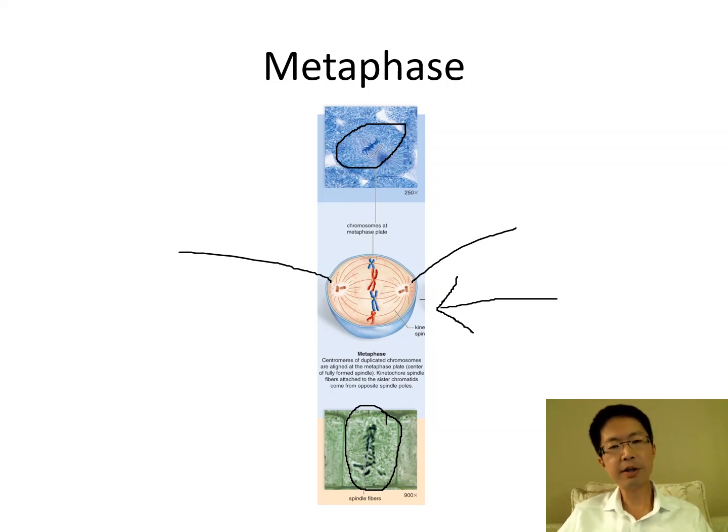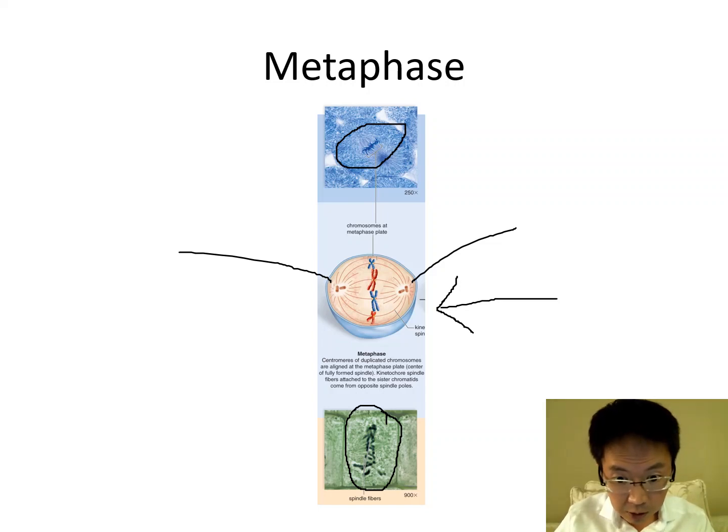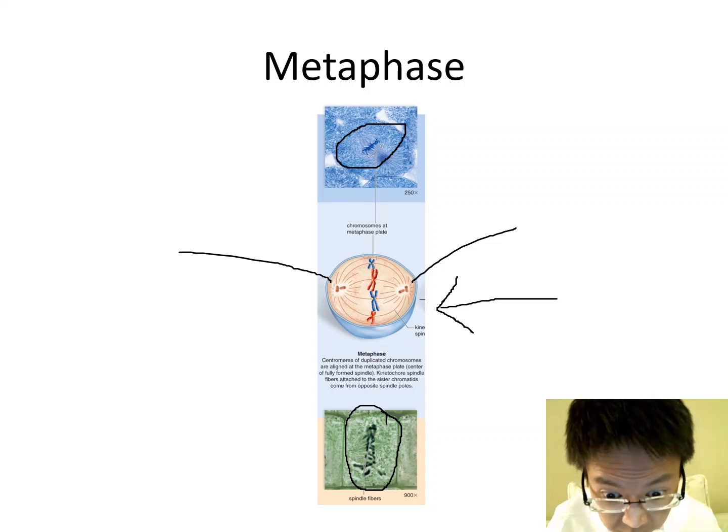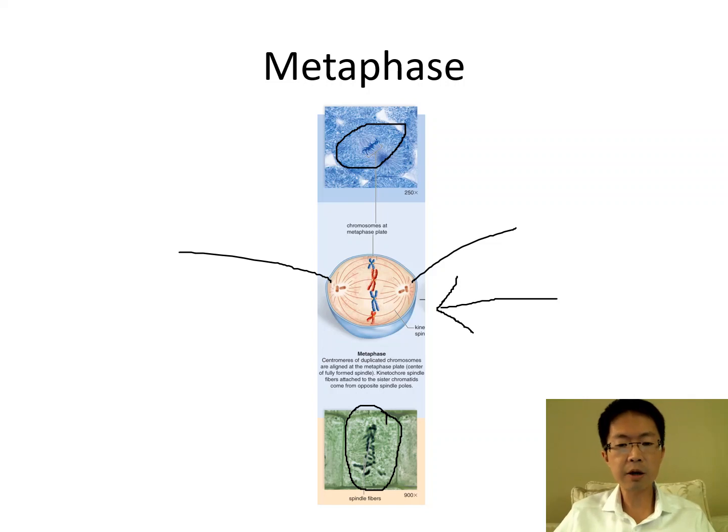What happened is that during metaphase, there will be some kind of spindle fiber. There's some kind of a spindle. They will project some kind of microtubule, those spindle fiber, and then they'll attach to the centromere. Do you still remember centromere? Centromere is at the center, in the middle of the chromosome.